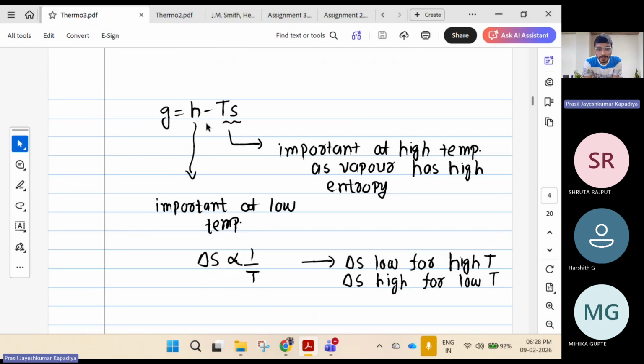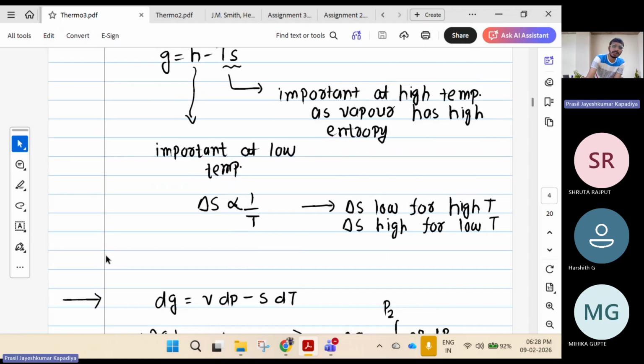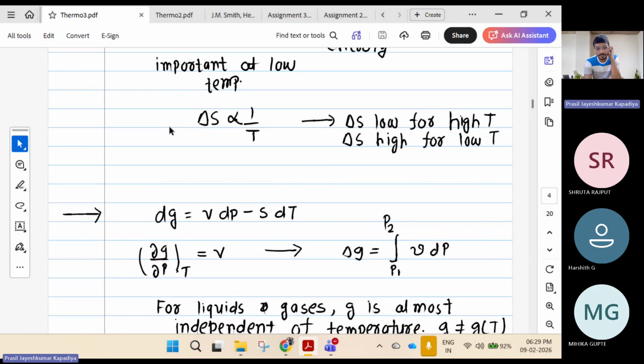So at lower temperature, this term is not going to dominate, but this other term is going to dominate. You are asked this kind of question at GATE, whether at lower temperature enthalpic or entropic contributions are important. So you should know that at higher temperature, entropic contributions are important, and at lower temperature, enthalpic contributions are important.